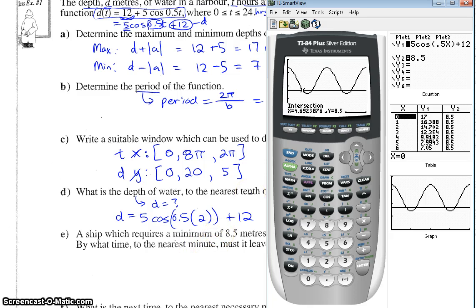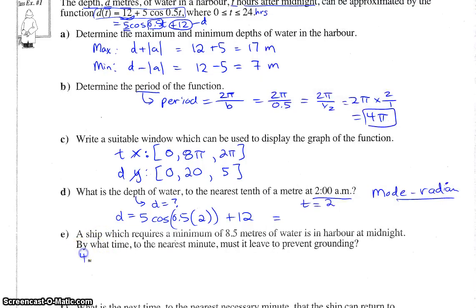Okay, it says by what time to the nearest minute. Okay, so that's another little quandary there, how we're going to find that, which I'm going to show you in a minute. So 4.6924, let's say. 4.6924 is basically our t value. Okay, and by what time to the nearest minute must it leave? Okay, so that would be, the 4 would be 4 a.m. Okay, now this part is a portion of an hour, right?